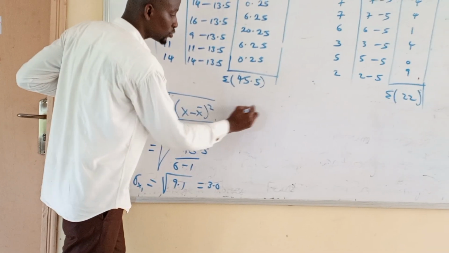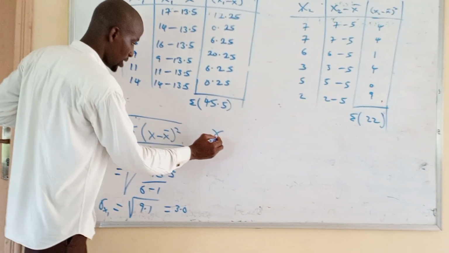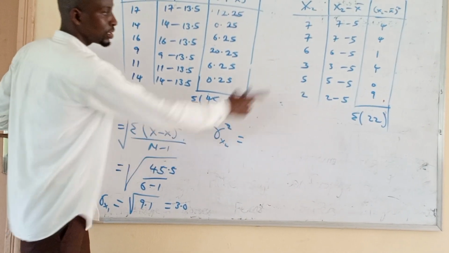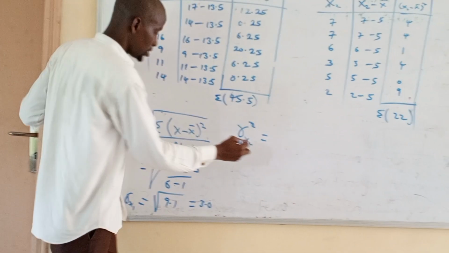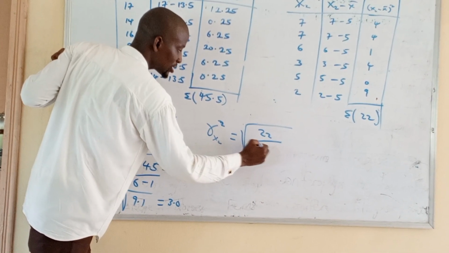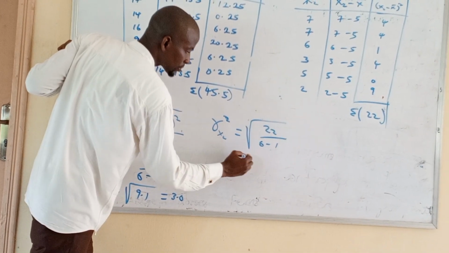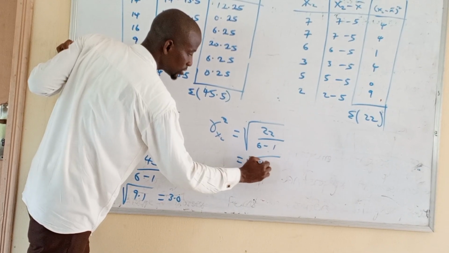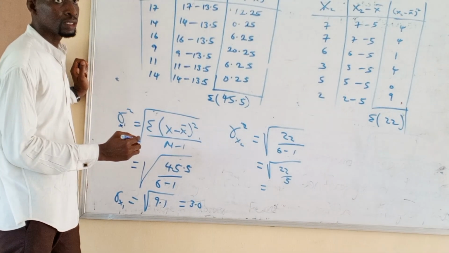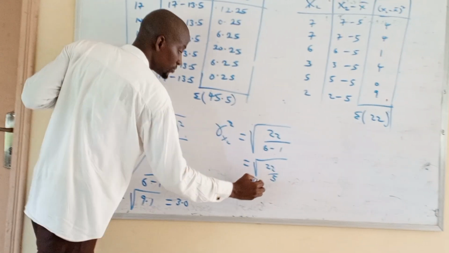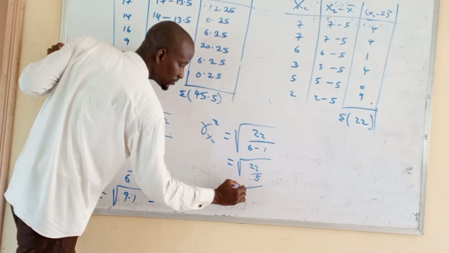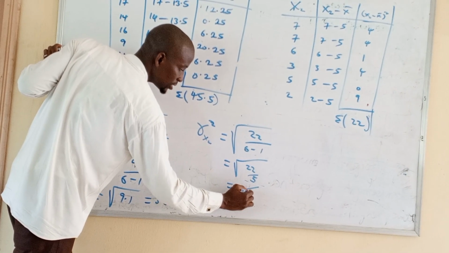Now for the control group, which is x2. Similarly, we have the formula, then we have our summation to be 22. So in this case, we have 22 divided by 6 minus 1. And that will be the square root of 22 divided by 5. 22 divided by 5 will give you 4.4.